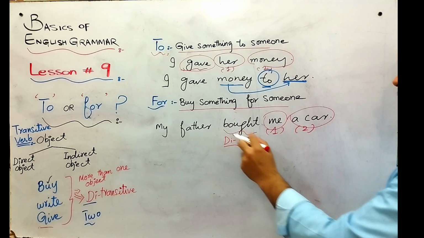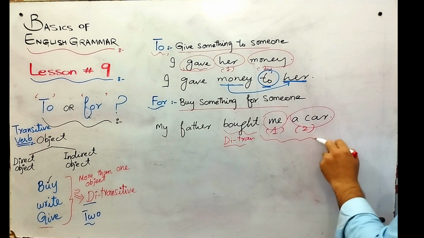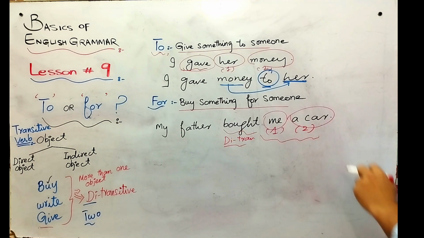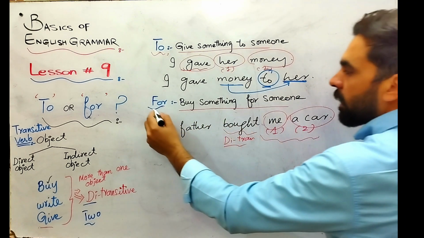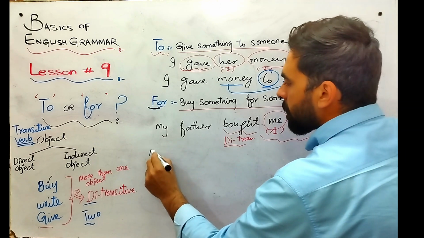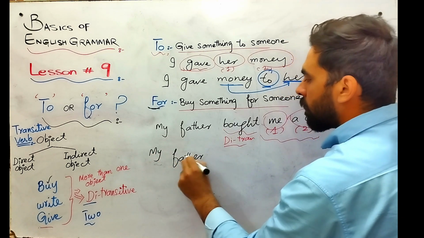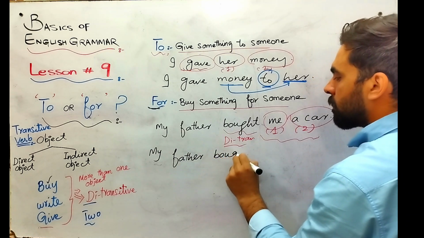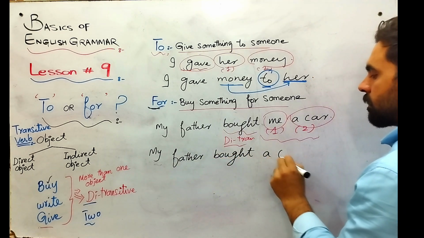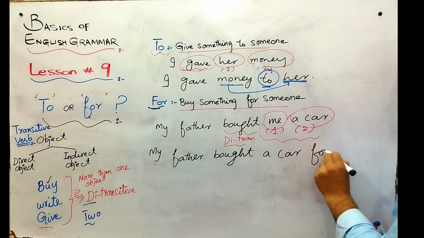But our focus is not this verb. Our focus is how we can rewrite these objects. So a sentence can also be rewritten by using this preposition, like my father bought a car for me.